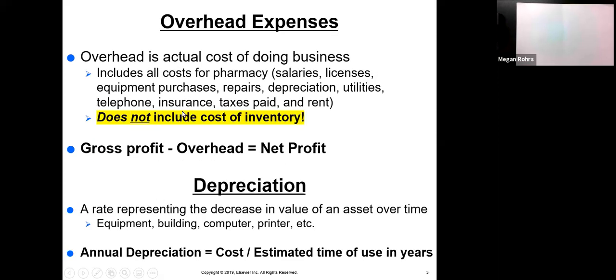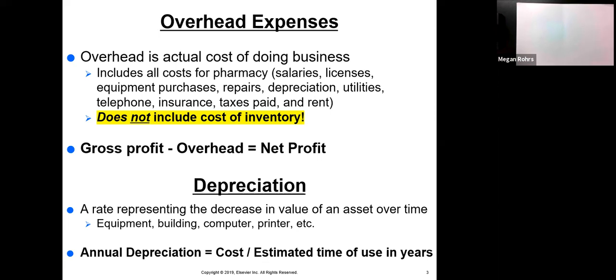The first thing I'm going to start out with is depreciation. So depreciation is a rate that represents the decrease in value of an asset over time. So anytime you buy really anything, it is not going to always carry the same value as what you purchased it for.